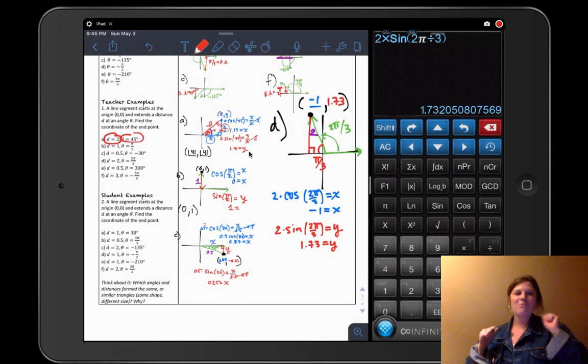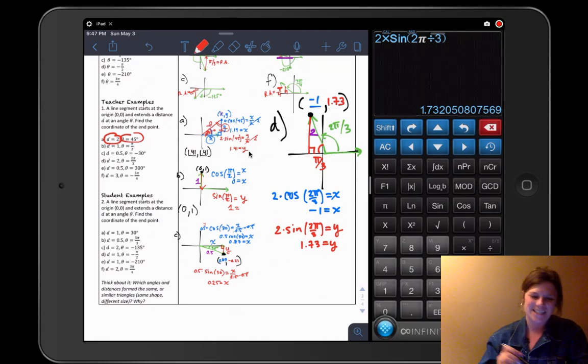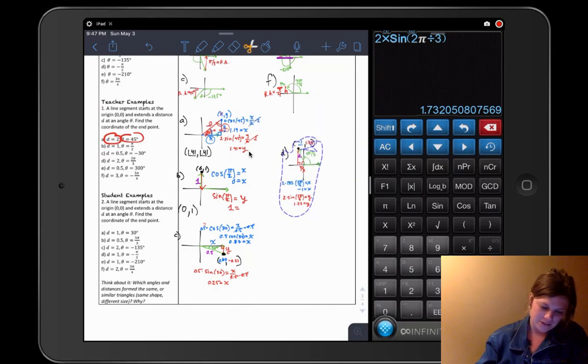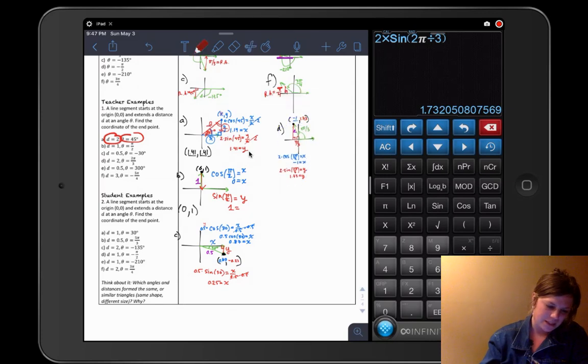All right, two more from me, actually, and then you get to go ahead and try some of these on your own. All right, so there's our example D. Let's do example E. We got our picture for 300 degrees.